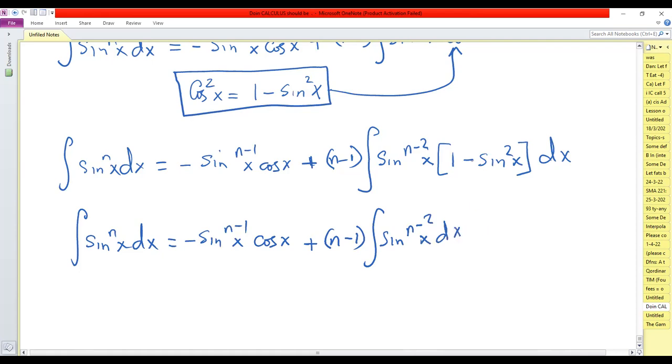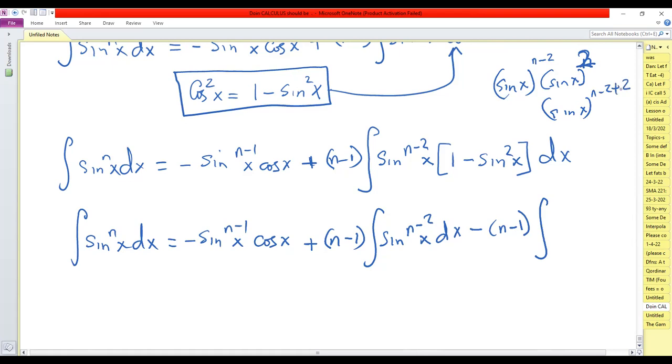And then this negative sign here, so I'll have a minus n minus 1 times the integral of sine x power n minus 2 times sine x power 2. So using laws of indices, we'll have sine x power n minus 2 plus 2. So minus 2 plus 2 cancels out. So the power is just n. So we'll have sine power n x dx.